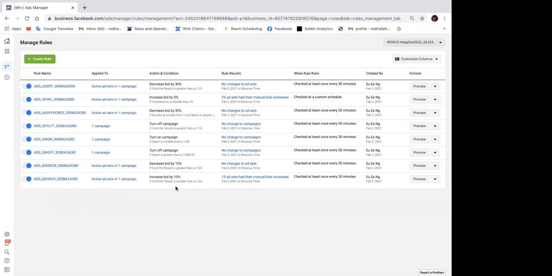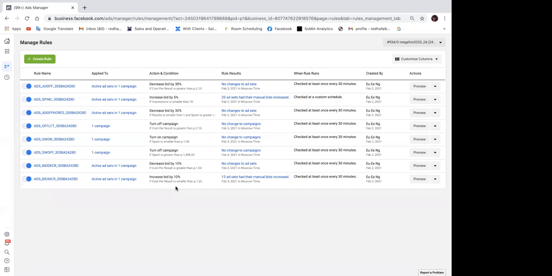And then there's another rule that was evaluating the cost per result. Since the cost per result for 13 ad sets has been lower than 1.26, the 10% rule was also increasing the bid. That's why this morning we can see so much higher and different bids. It is because of rules, particularly these 2 rules that increase the bid.